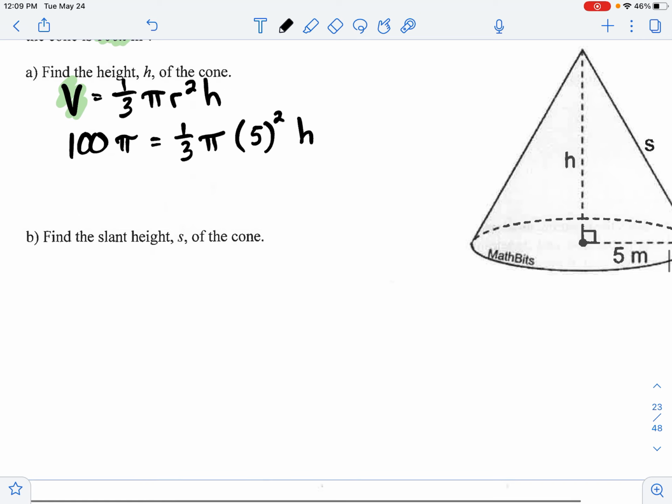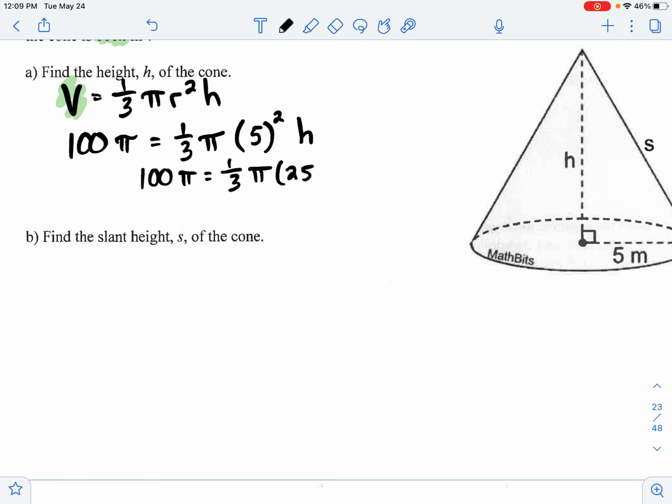So we'll clean that up a little bit. Okay. So we have 100 pi equals 1/3 times 25, which would be 25/3. Okay. So we need to get h by itself.